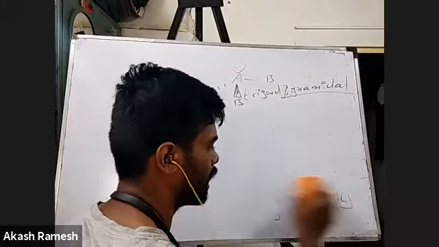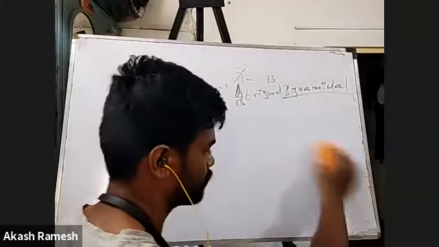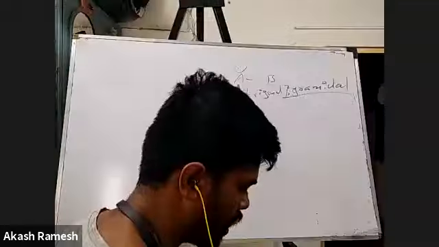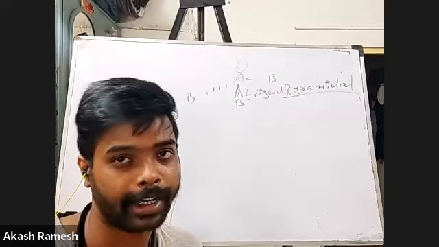So what was the bond angle there in tetrahedral, guys? 109 degrees, 5 minutes. Exactly, right? So the tetrahedral bond angle was 109 degree, 5 minutes.